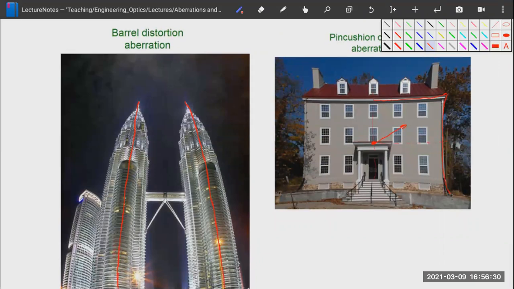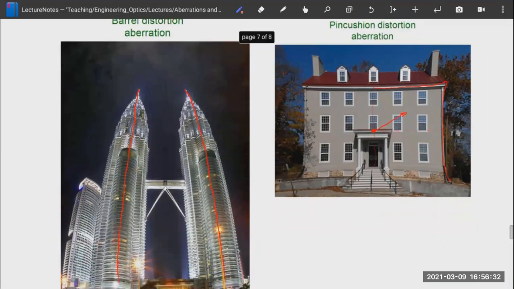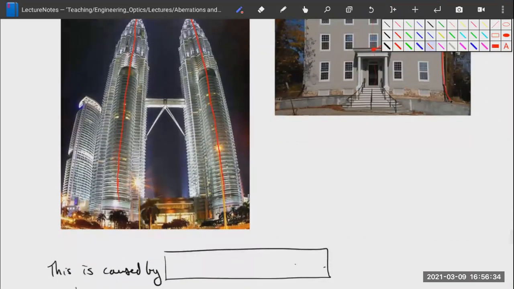So here, like I said, our magnification increases with height. And what that means is that normally our magnification is equal to, for a single lens, negative SI over SO, which we learned originally was equal to HI over HO, which is equal to our magnification, some constant. But now HI over HO is not equal to a constant.